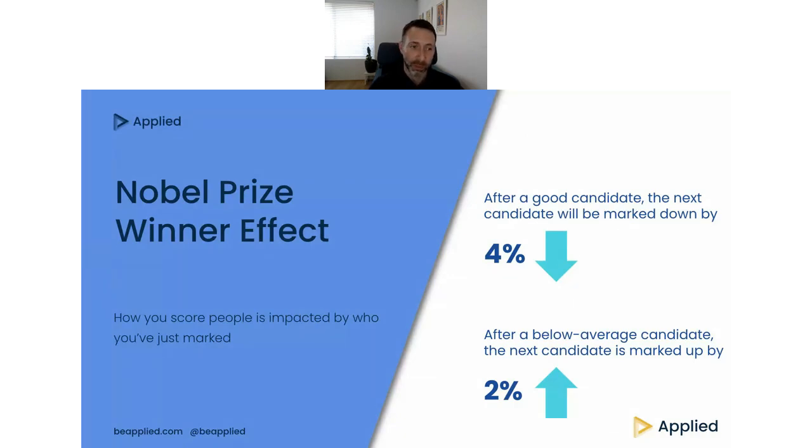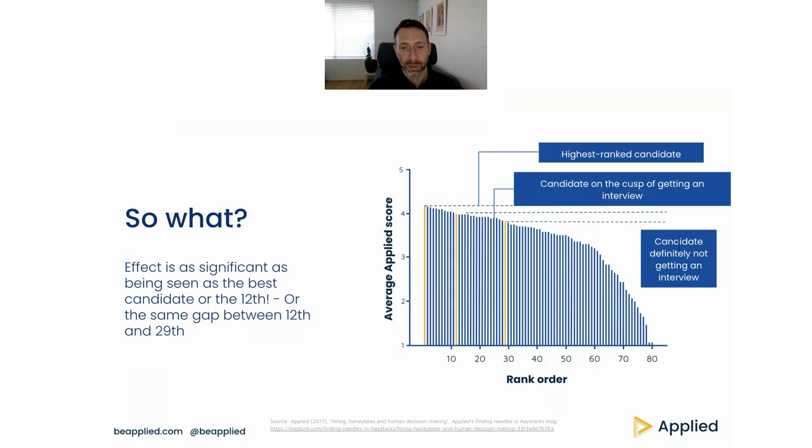Whereas I want to make two points, in fact. These may seem small on their own, but firstly, there are lots and lots of these effects going on in a recruitment process, and they all add up. And secondly, even a small change in your score can impact whether or not you're called for an interview. So this illustrates that second point.